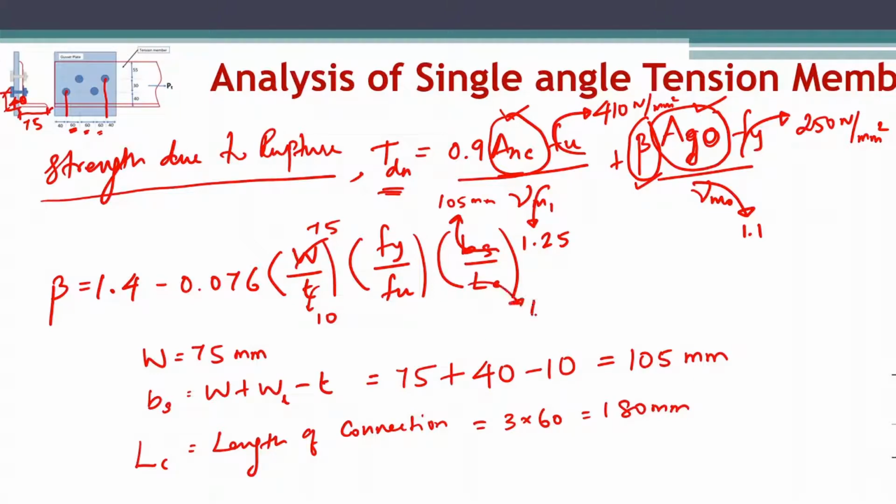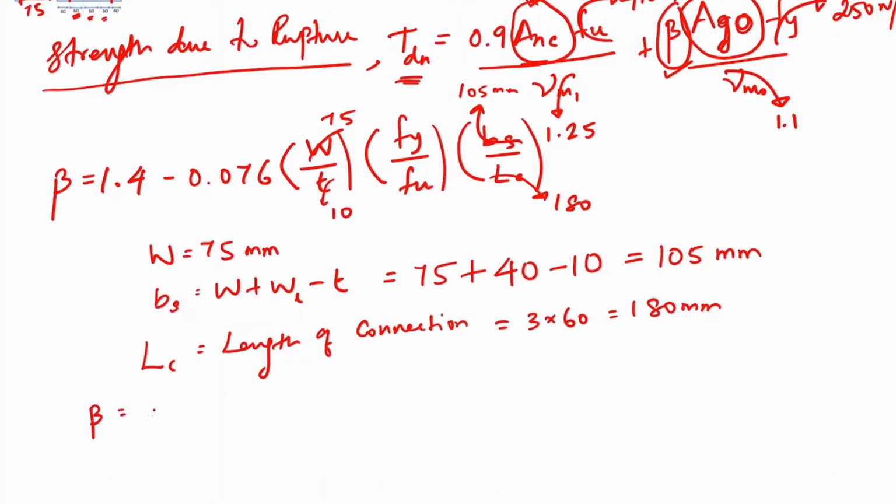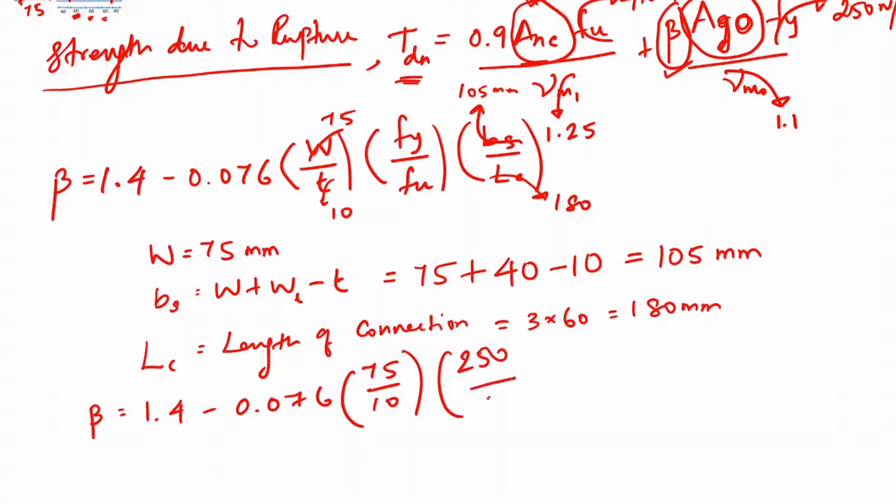If you substitute, you will get the value of beta: 1.4 minus 0.076 multiplied with 75 upon 10, again multiplied with yield stress 250 upon 410, multiplied with 105 upon 180, and you will get a value of 1.197.